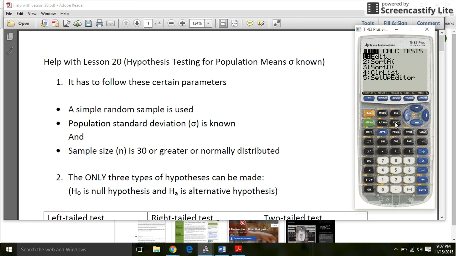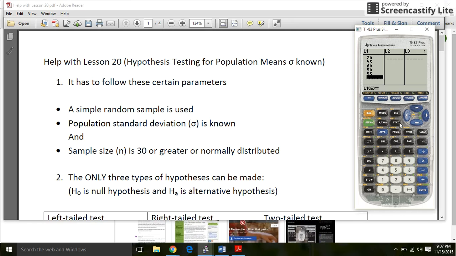So if you need to put data in, you go to stat and enter, and then here I could put in all the data. So if I was going to put in the data like one of the examples that's given to you for the problems in 20, let's see, number 6, I could put in 70, 45, 55, 60, and 65, and 55, 60, 50, and then 55.